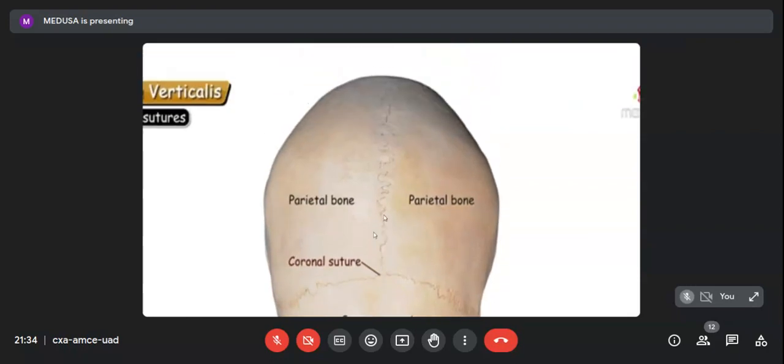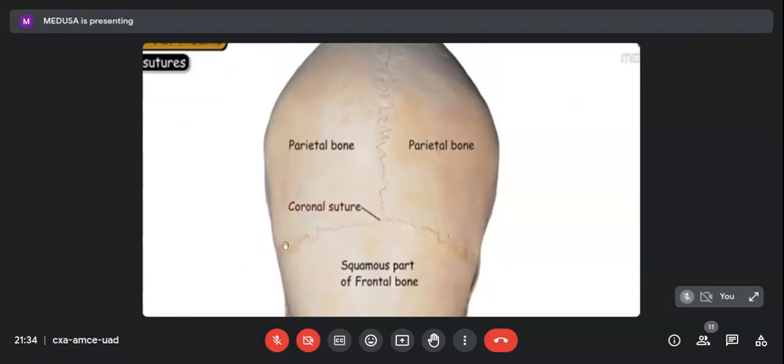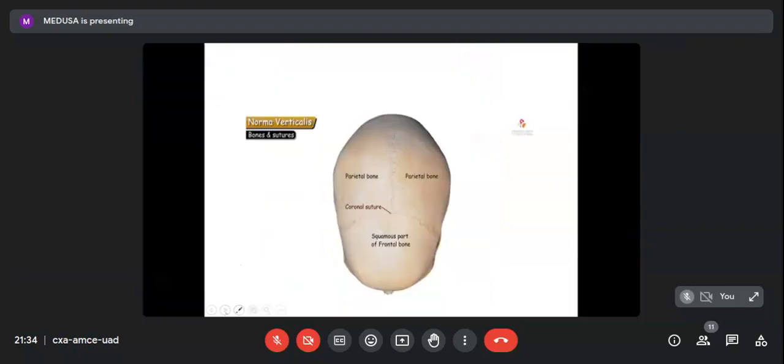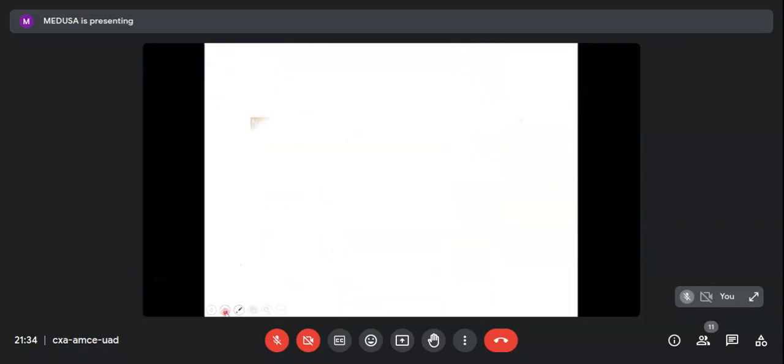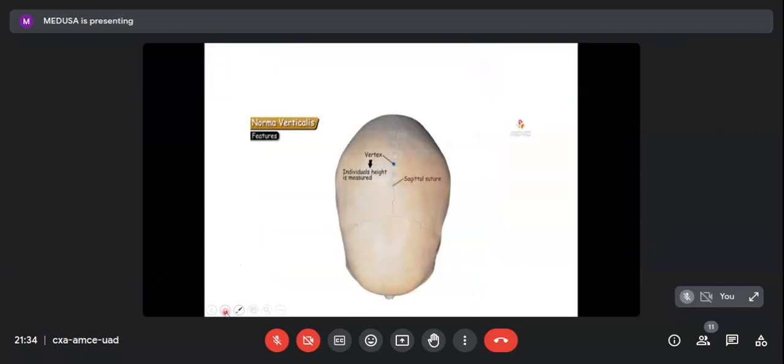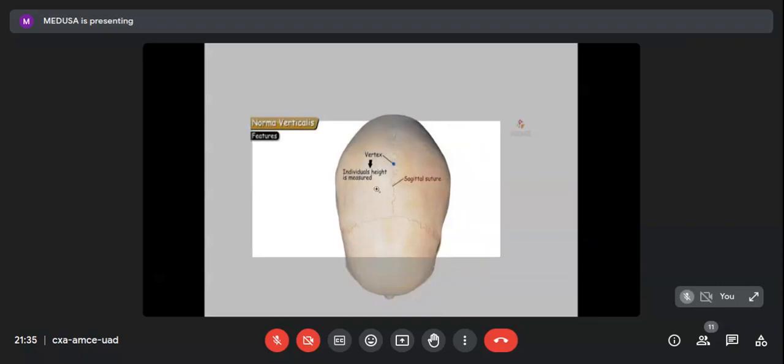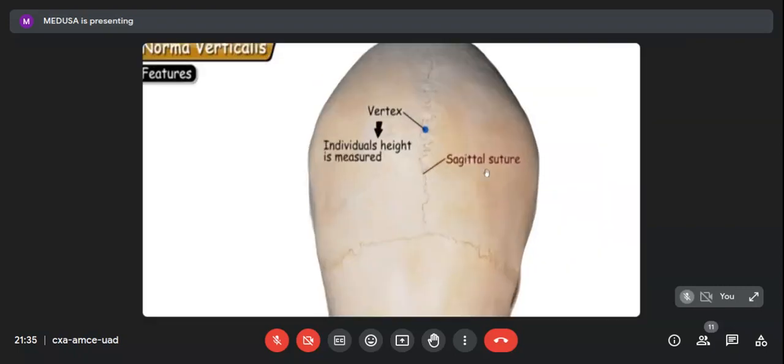Since it divides the skull into two equal halves, it is known as the sagittal suture. So I've shown you the sagittal suture there. You can see it.